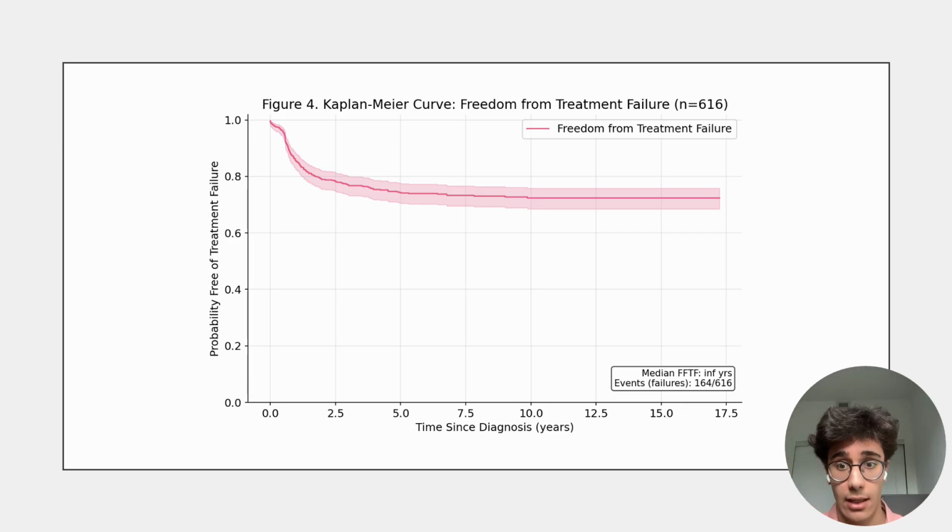Lastly, the last Kaplan-Meier plot is the freedom from treatment failure Kaplan-Meier curve. About 74.3% at 5 years and about 72.3% at 10 years is the chance of being free from treatment failure. The curve drops fairly quickly in the first 2 to 3 years, then just flattens out.